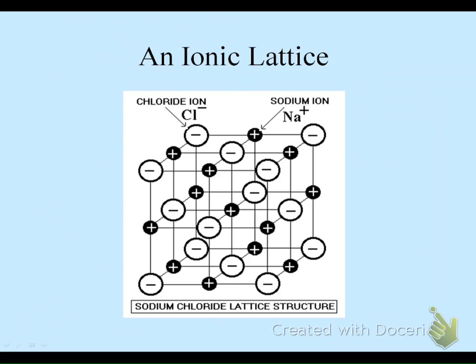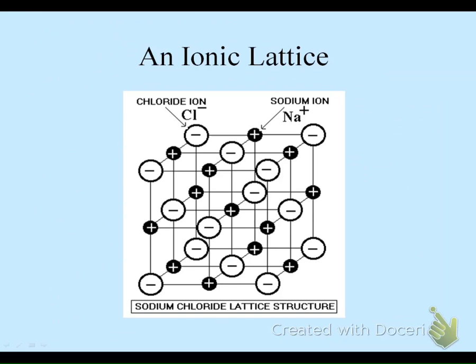Notice in the lattice you have these anions, and they're always going to be immediately adjacent to a cation. And that cation is going to be surrounded by not only the original anion, but another nearby.